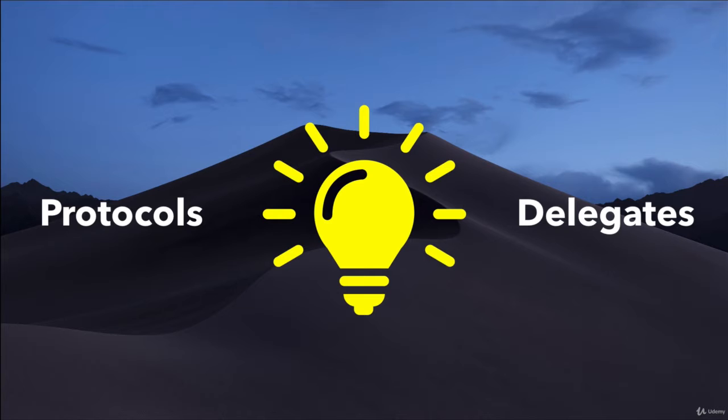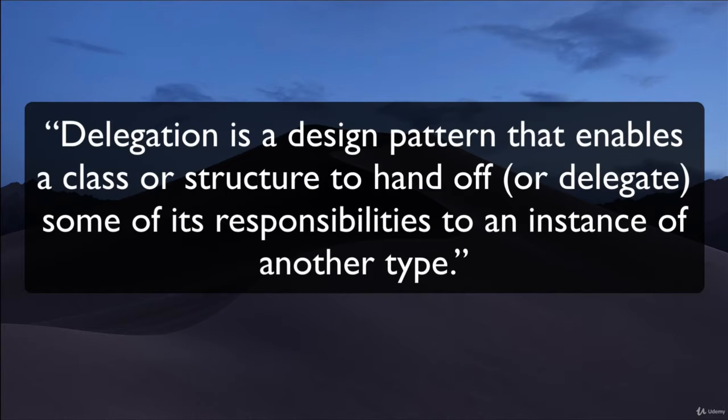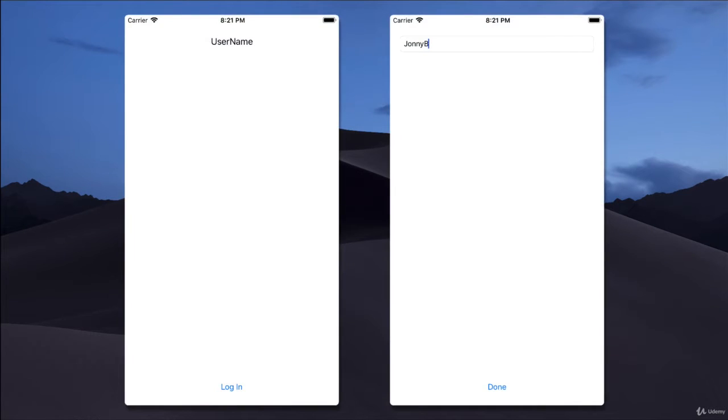So with regards to programming and Swift, the Apple docs say that delegation is a design pattern that enables a class or structure to hand off or delegate some of its responsibilities to an instance of another type. Okay, so from our demo app here, you might be able to start connecting some dots. Delegation is a design pattern that enables a class to hand off some responsibilities to another class.